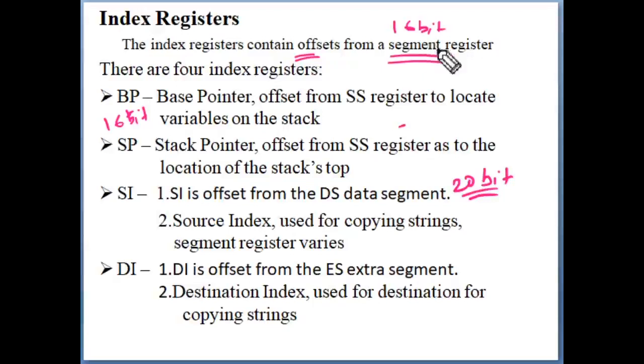The segment register holds the logical base address, and these are the offset address, and with the help of the base address and the offset address we calculate the physical address. I will discuss that next in the bus interface unit.